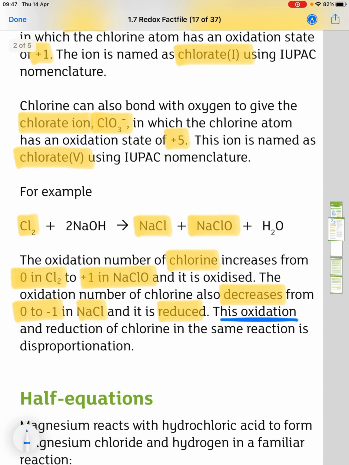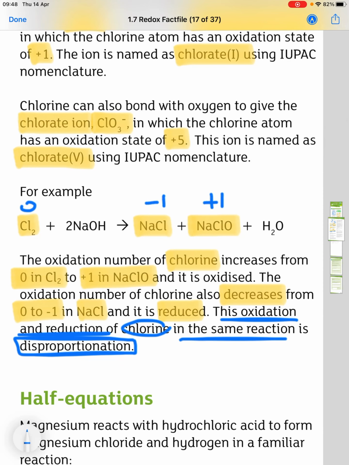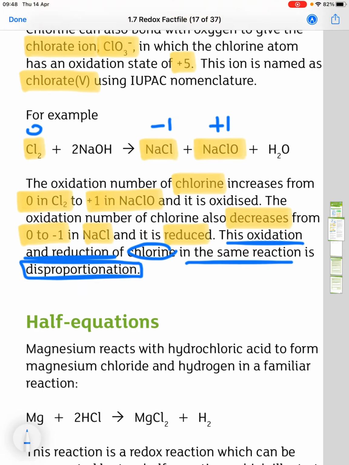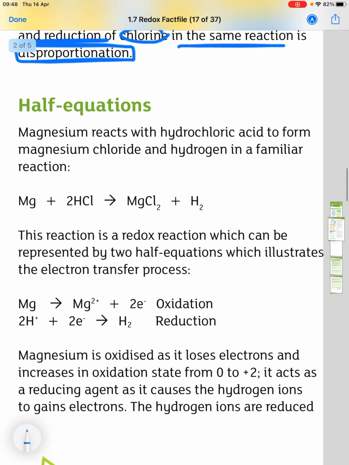So what's happening here is the oxidation and reduction of chlorine is in the same reaction, and it's called disproportionation. So it's going from one oxidation state changing to two other oxidation states, so we have the +1 in here and the -1 in here, so it's being oxidized and reduced in the same reaction, it's disproportionation.